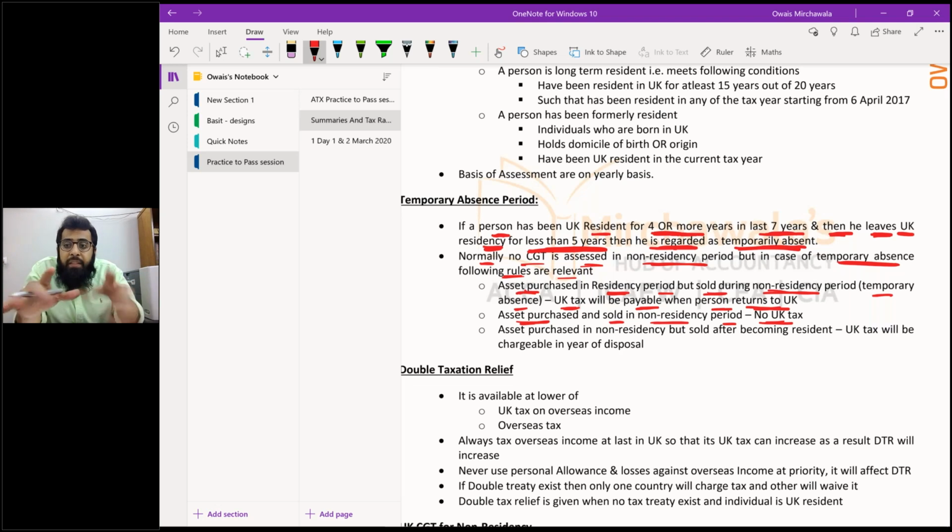If any asset is missing, they charge tax on that. But for example, if there is any asset which you purchased while being non-resident and you sold it also while being non-resident, obviously the tax department will not be able to know about that, and they will not charge any tax on that. And if there is any asset which is purchased in non-residency but sold after becoming resident, UK tax will be chargeable in the year of disposal.